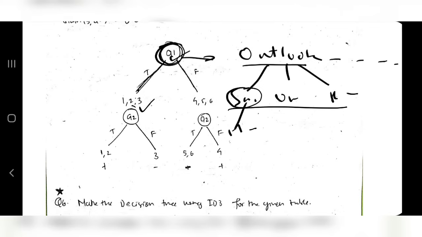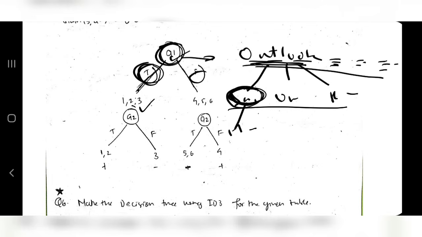And it has the attributes true and false. In that true there is a mixture, just like how sunny has a mixture, right? When sunny has a mixture, I was considering the next attribute. The teammates of outlook are temperature, humidity and wind.